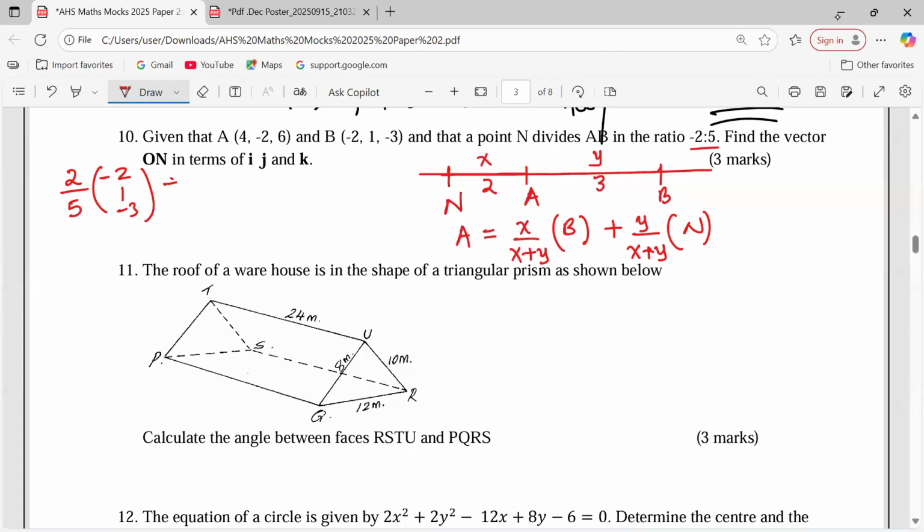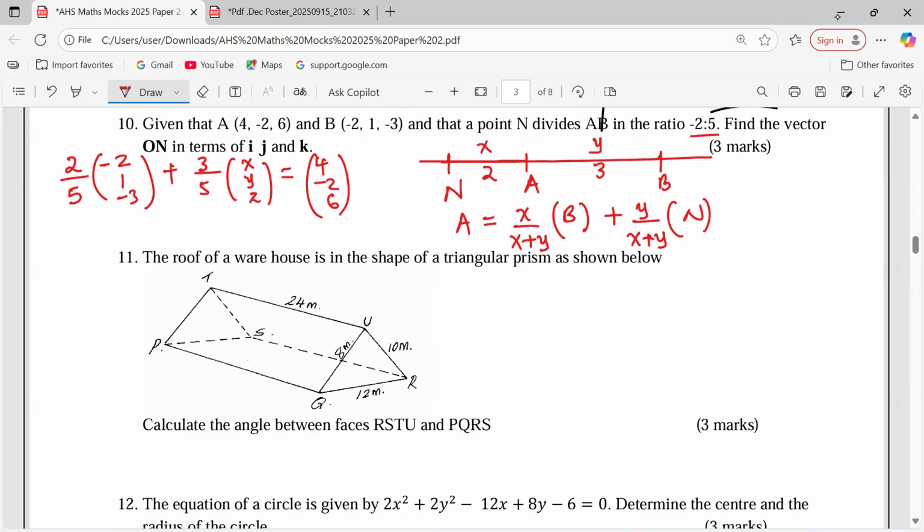Then plus, we pick 3 units divided by 5, the total. If we pick 3, then we talk about vector n, which is unknown. This is equal to the coordinates of A at the mid, 4, -2, 6. Yeah, 4, -2, 6. That way. So now we can work it out.